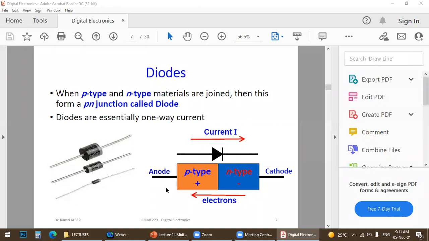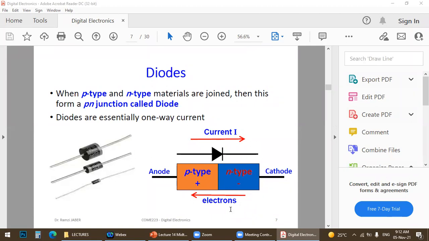Here we have the anode from the p-type, with excess plus, at high voltage. And the n-type has an excess of electrons, minus, and this side is called the cathode, at low voltage. So the current will flow from high voltage to low voltage, and the electrons will flow in the reverse direction of the current.